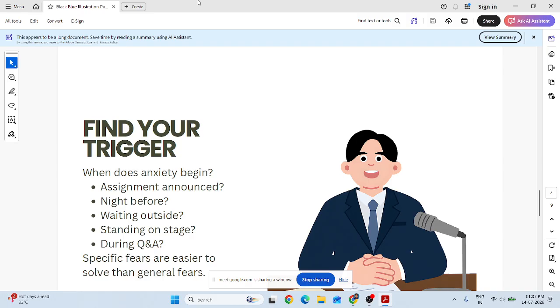Note down all those triggers and we will try to solve how to overcome these triggers. By the end of this course, definitely you will overcome these triggers. So, specific fears are easier to solve than the general fears.